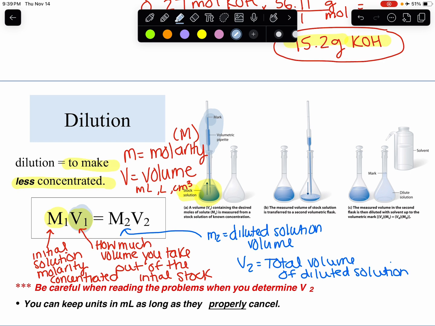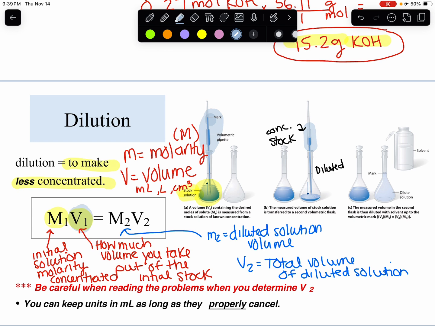Then you're going to take that volume from your concentrated stock and put it into your diluted solution. Okay, so we have that blue solution that was in your initial one, we call that a pipette. You go ahead and put it in your new volumetric flask.